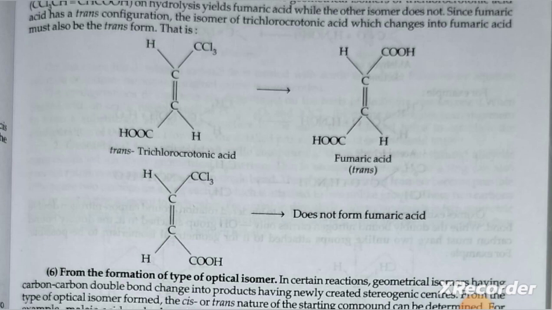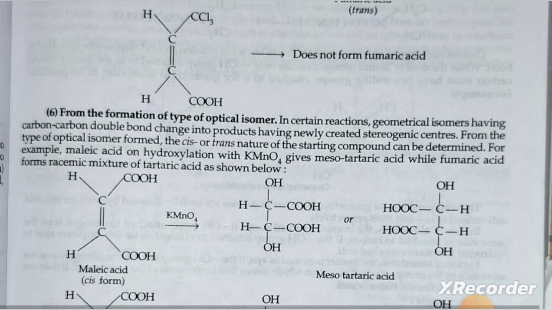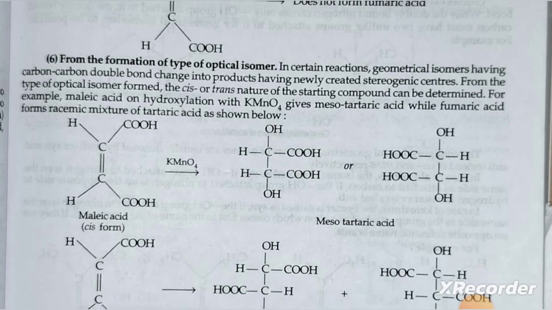Sixth is from the formation of a type of optical isomer. In certain reactions, geometrical isomers having a carbon-carbon double bond change into products having newly created stereogenic centers. From the type of optical isomer formed, the cis or trans nature of the starting compound can be determined.